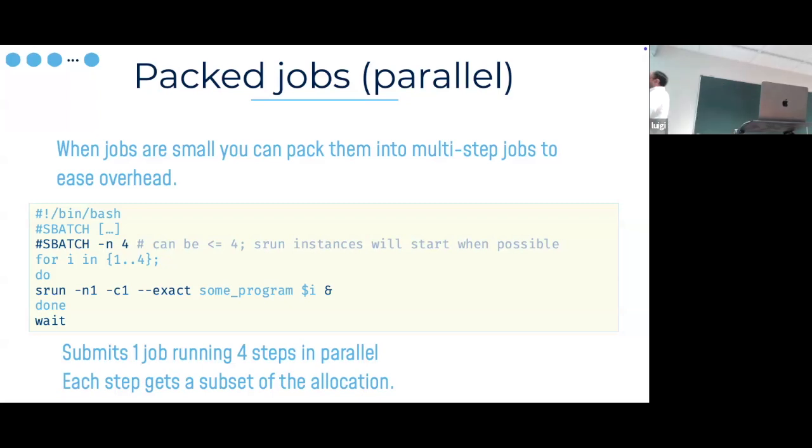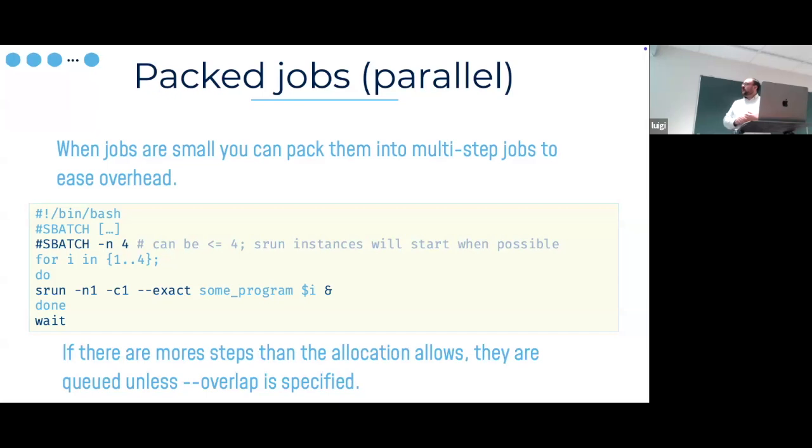So if you don't put the --exact here, srun will inherit the whole allocation. So it's the keyword here. If you want, you can also use --overlap to ask all srun instances to start at the same time, and so to fight for the CPUs.